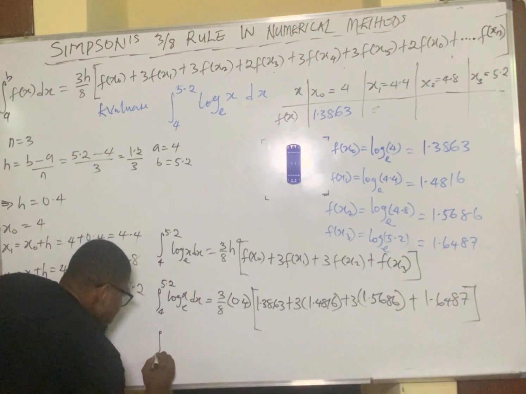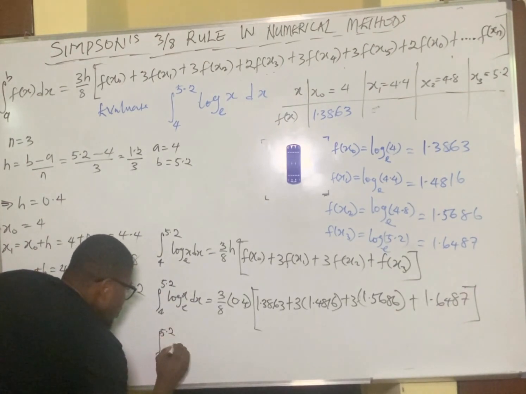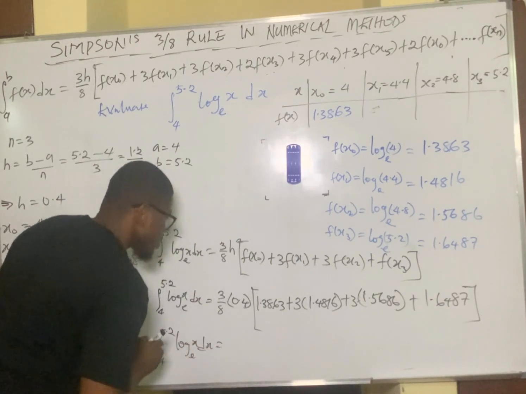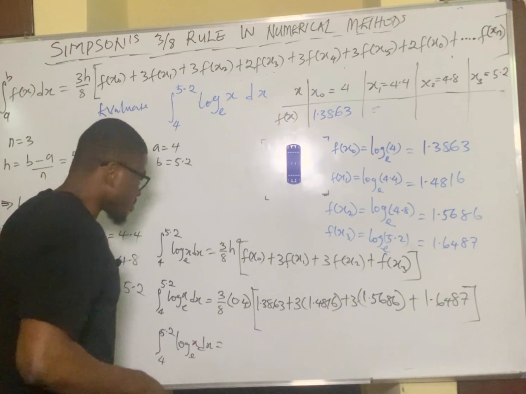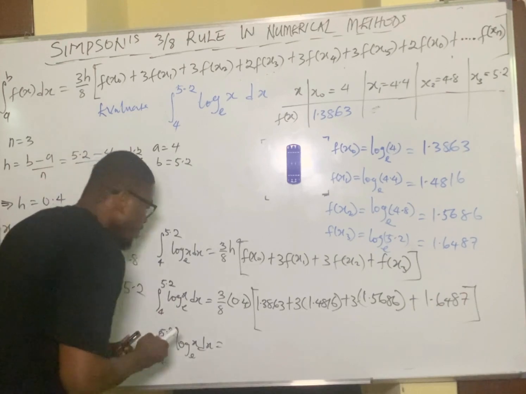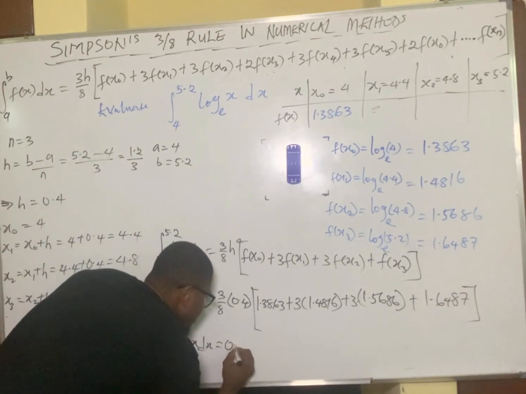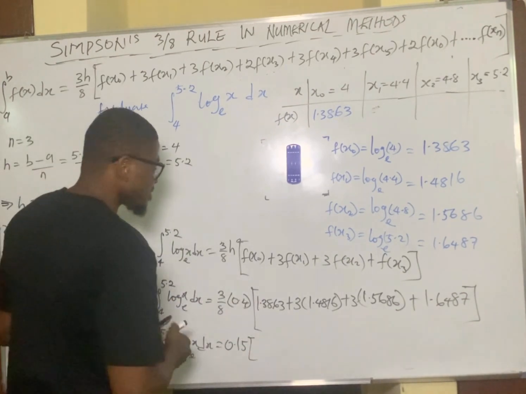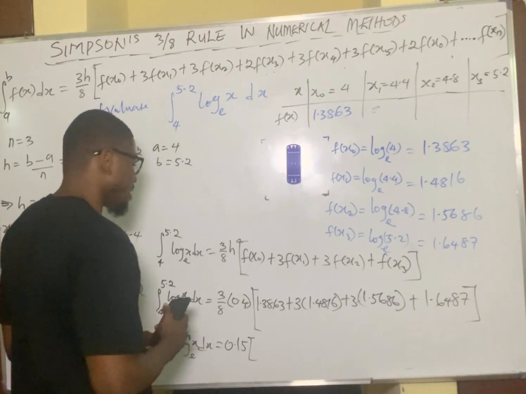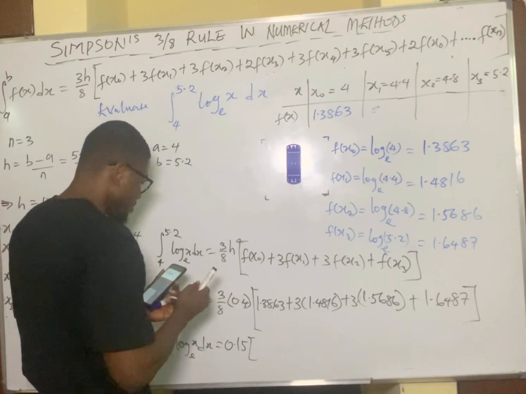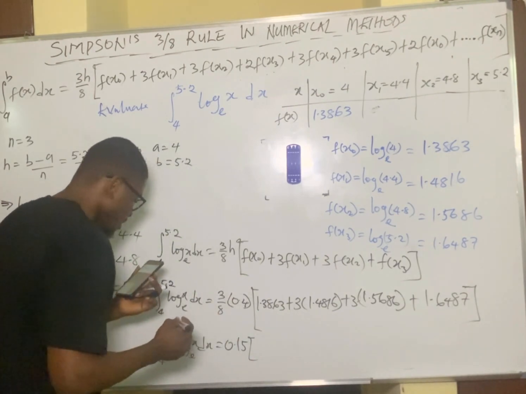So the integral from 4 to 5.2 of log to base e of x dx is going to be equal to, let's obtain 3 times 0.4 divided by 8. So we have 0.15 here. I'm going to evaluate everything in the brackets all together, so do well to point along to avoid calculation errors. Everything in the bracket simply gives us 12.1856.